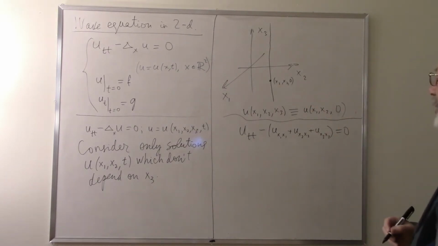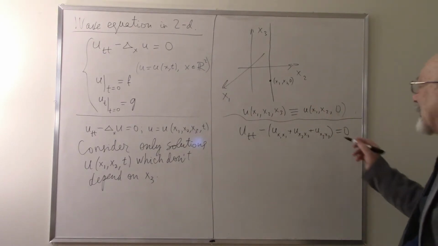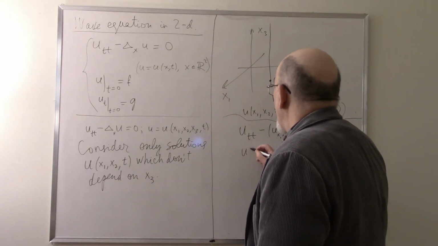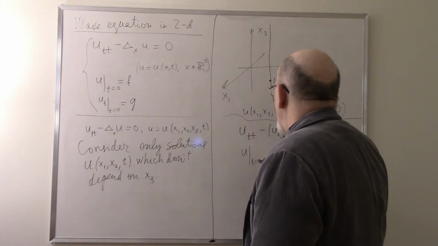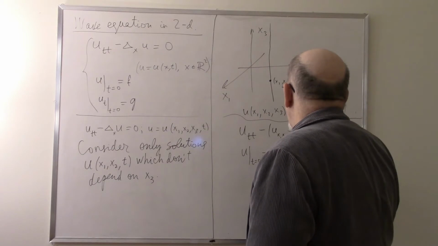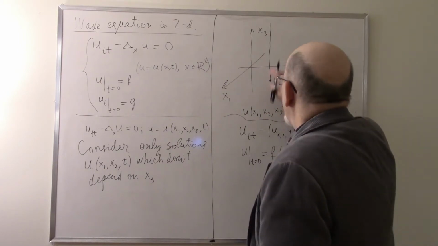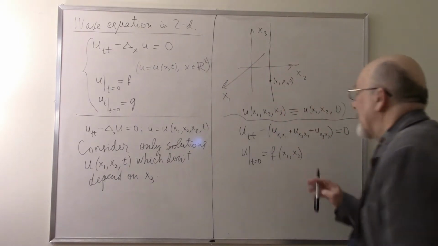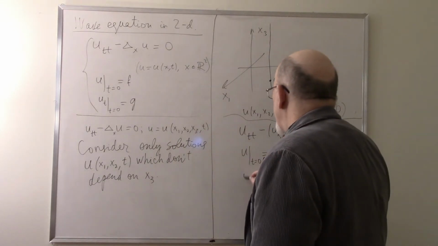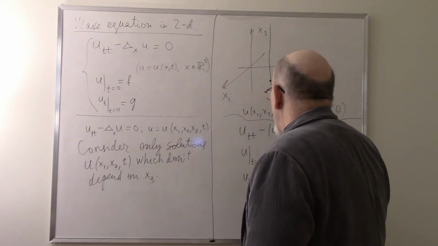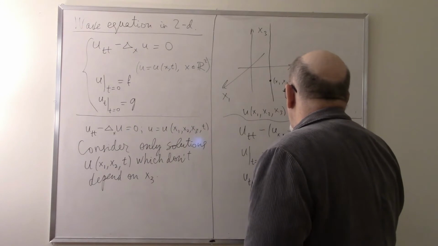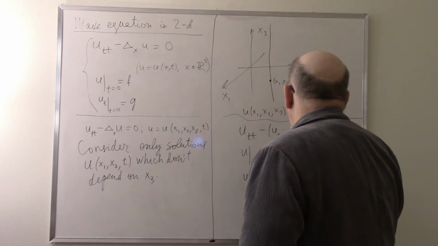But the initial condition is u at t equals 0 equals f of x1, x2. Again, such a cylindrical function. It does not depend on x3. And u_t for t equals 0 equals g of x1, x2.